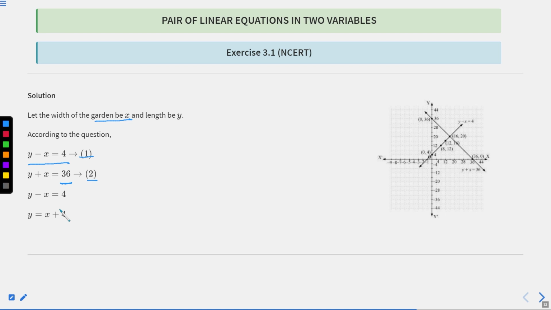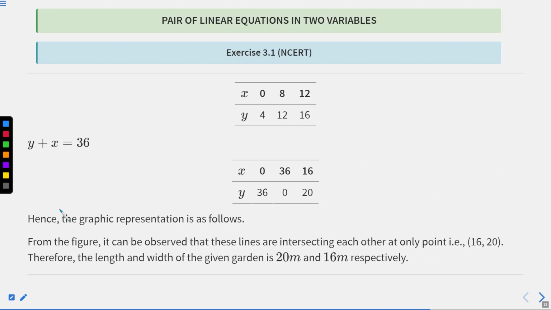For the equation y minus x equal to 4, when x is 0, y is 4. When x is 8, y is 12, and when x is 12, the value of y is 16.